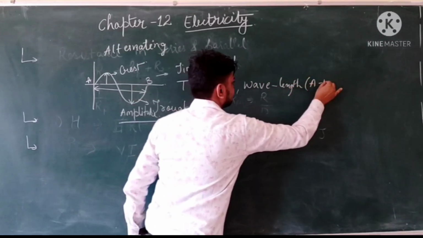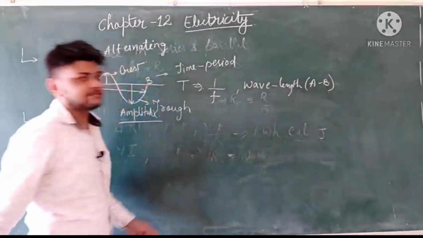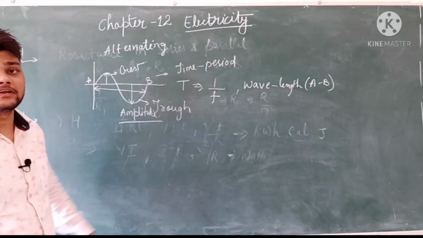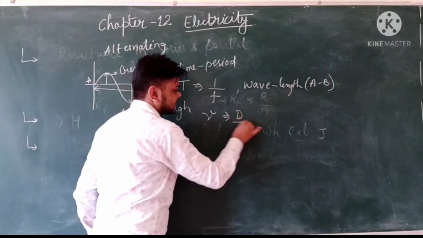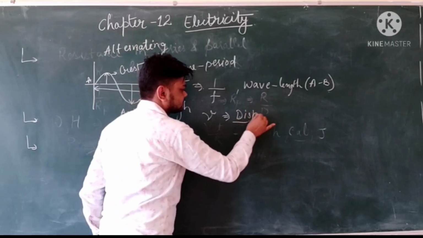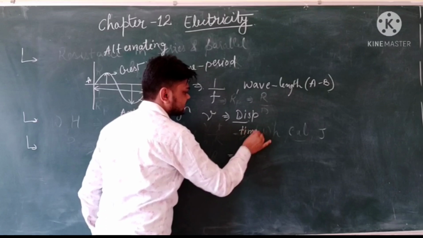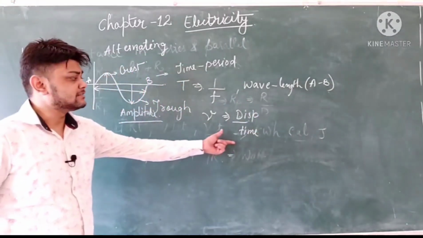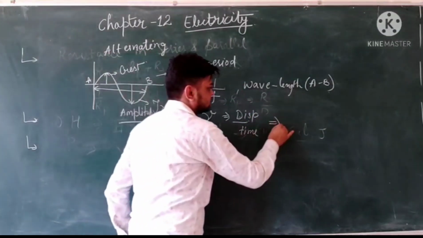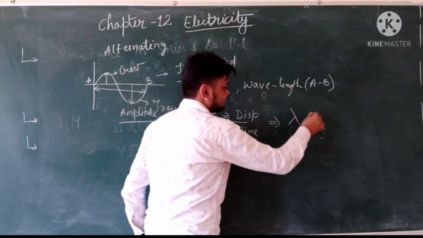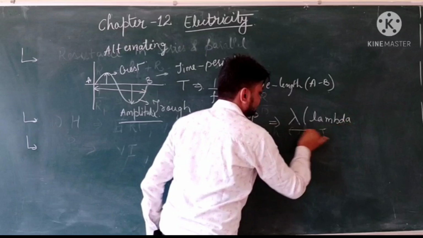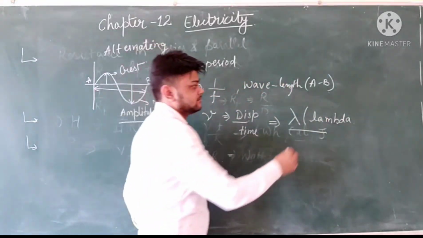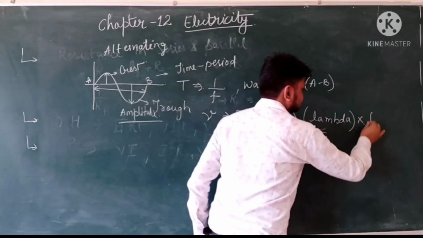From A to B. If I apply the general equation for velocity, which is displacement by time, in this condition my displacement is equal to wavelength, that is lambda, and the reciprocal of time will be equal to frequency.